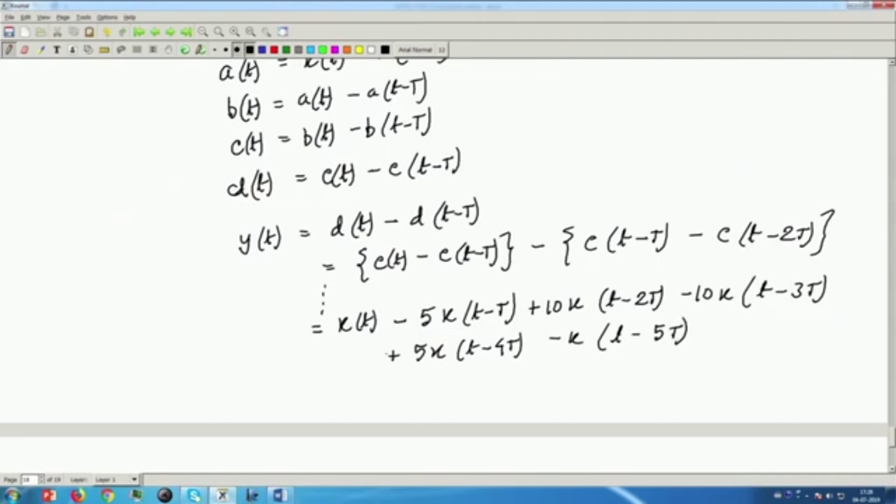So, that shows that you require 6 pulses. One is this 0, 1, 2, 3, 4, 5, 6. So, that is why 6 pulses are required to get this output.